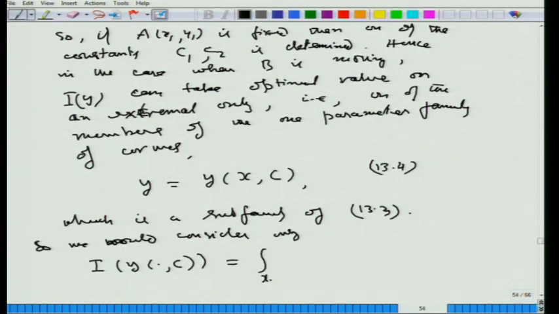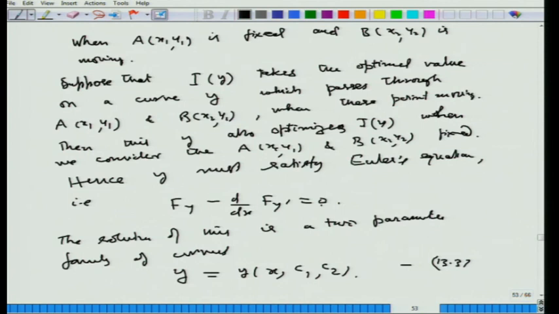So, you have the integral from x1 to x2 of f(x, y(x, c), y'(x, c)) dx. So, we will find the optimal value of this over the family. So, we will be doing all the calculation here over the family of these 1 parameter curves given by 13.4, which are the solutions of this Euler's equation.